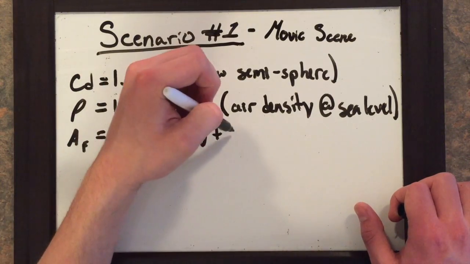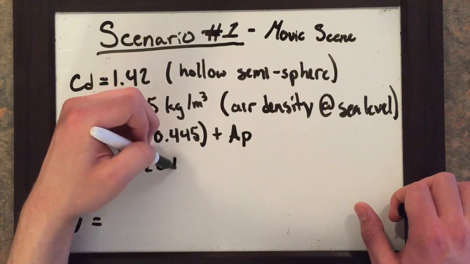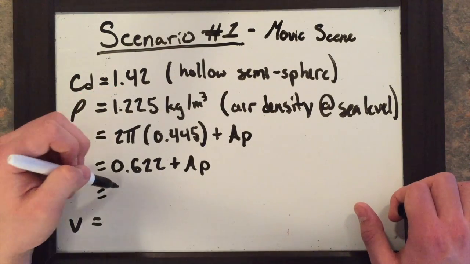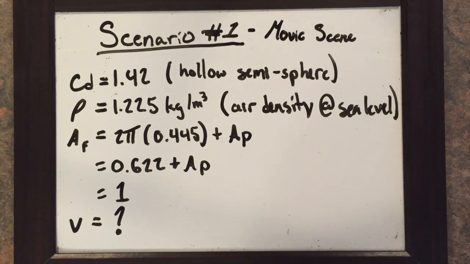Her frontal area is the area affected by the drag. This is the area of the umbrella as well as her area. Assuming that her umbrella is the same size as one I found online, of 89 centimeters in diameter, to make calculations easier, we'll make her total frontal area 1. So the variable we are trying to solve for at this point is her velocity.